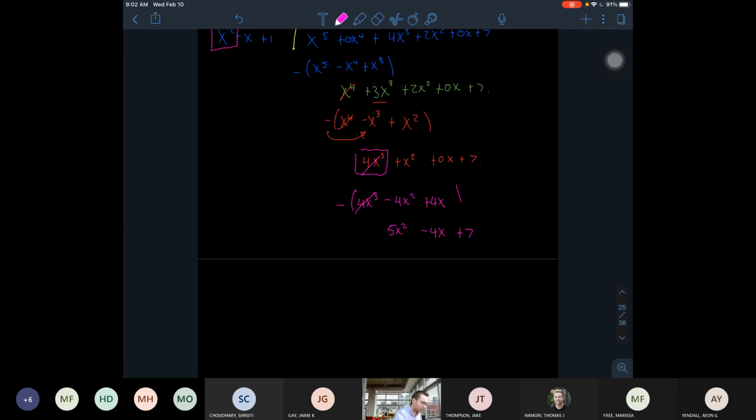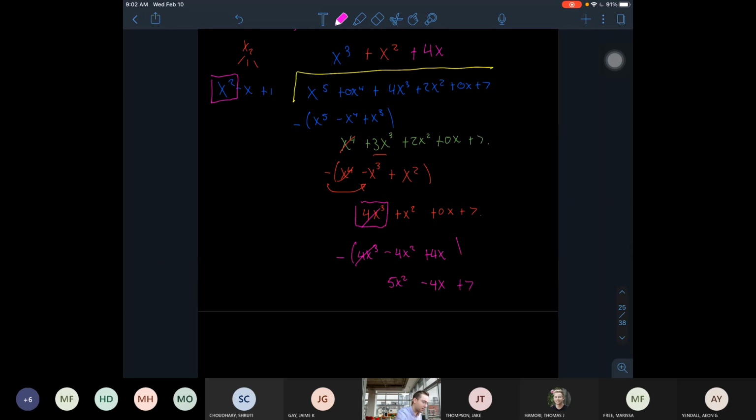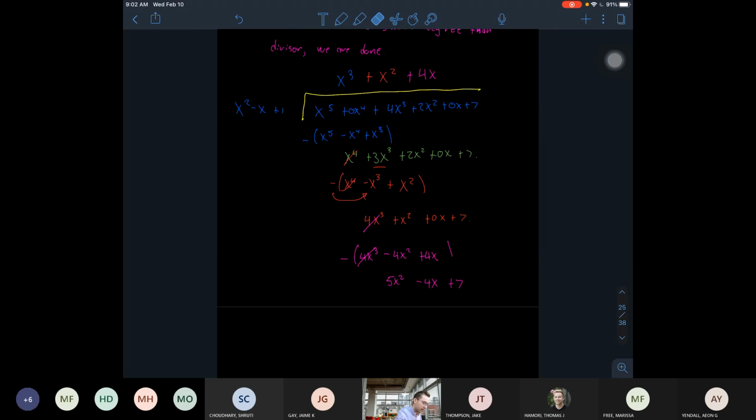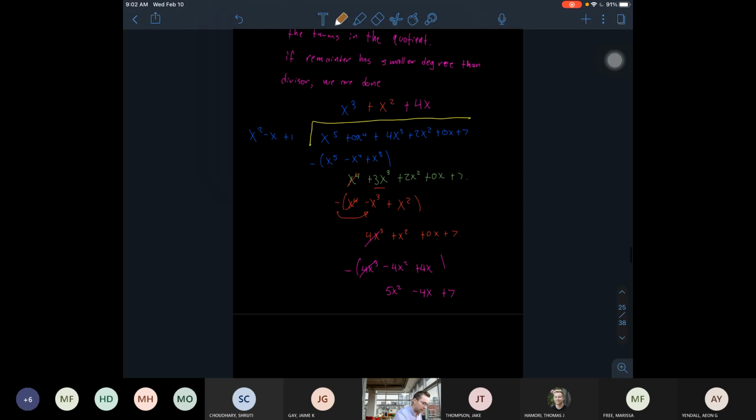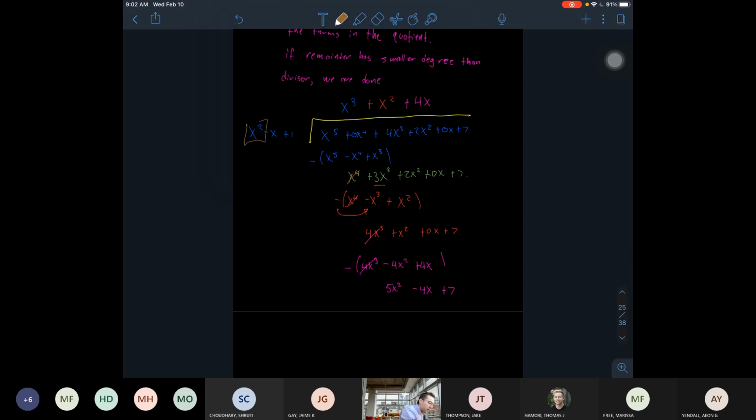All right, so next up, this will be our last step, because we've gotten all the way down to the x squared term, and that is the leading term in our polynomial there. So now what do I want to do? I want to take whatever I should multiply x squared by in order to get 5x squared, and that'll be 5.